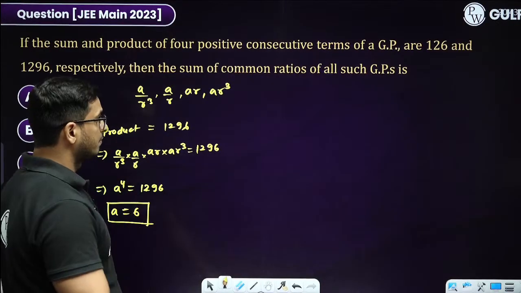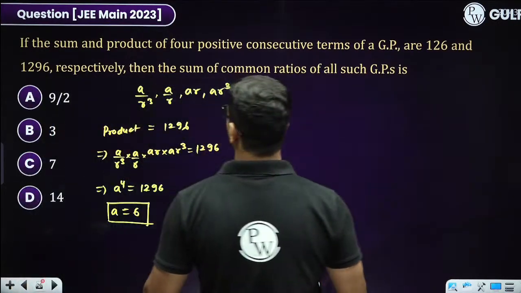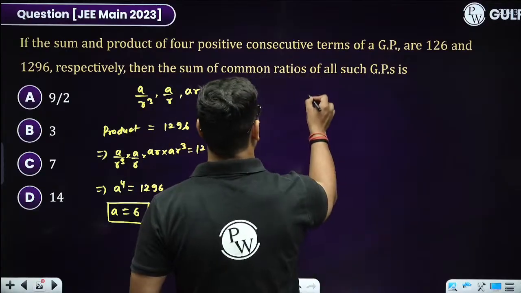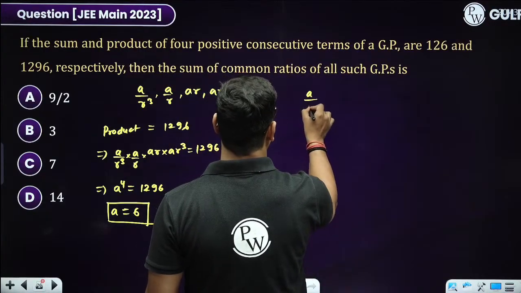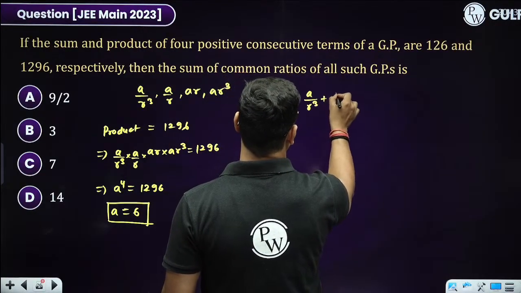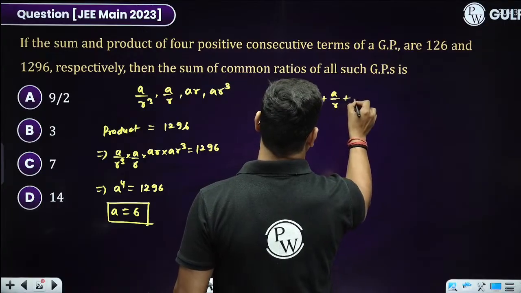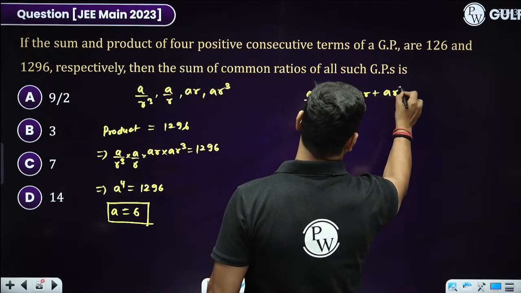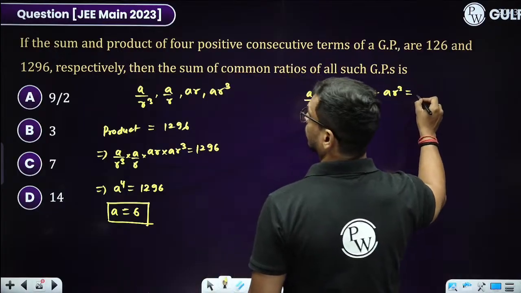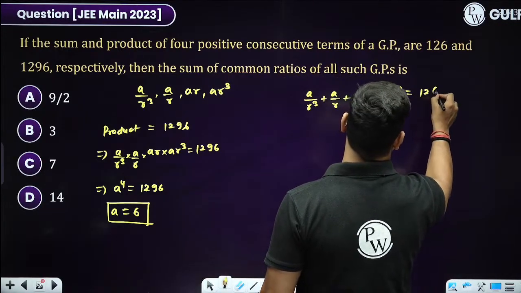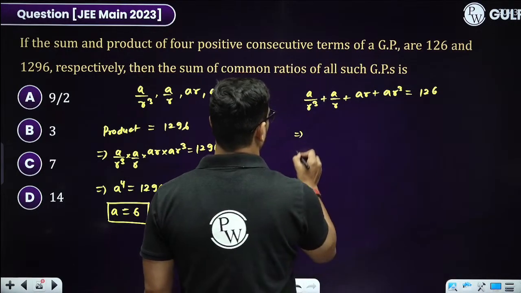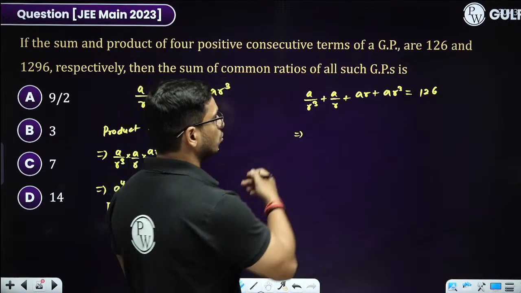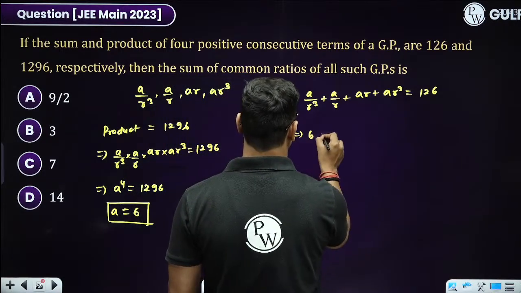A is 6. Now sum is given. Sum means A by R cube plus A by R plus AR plus AR cube, that is 126. A we have already, 6.